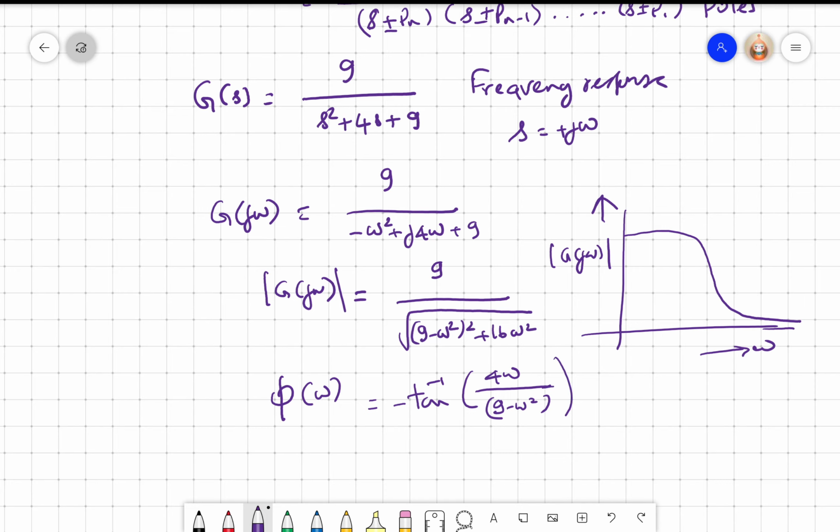Okay. So for every omega, I can again calculate what would be the phase response of the transducer, right?